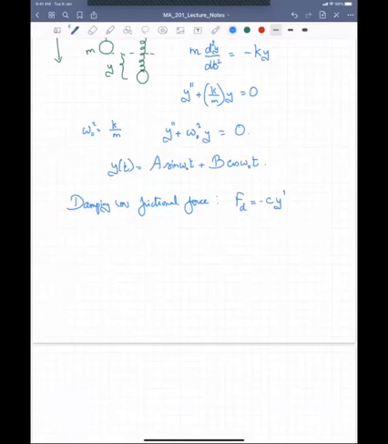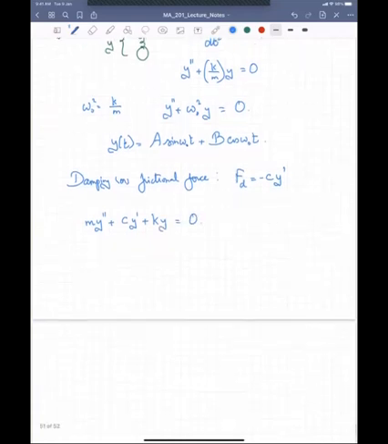Okay. So if damping is also taken into account, then the equation of motion of the mass m can be written as m y double dash plus c y prime plus k y equals 0, right? Newton's law simply states that m y double dash equals the net force acting on the bob.